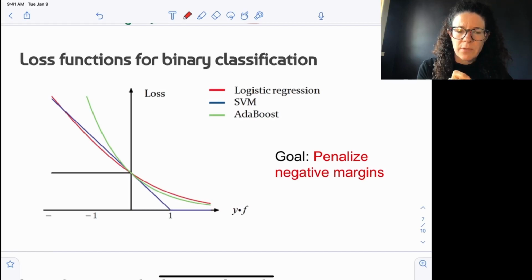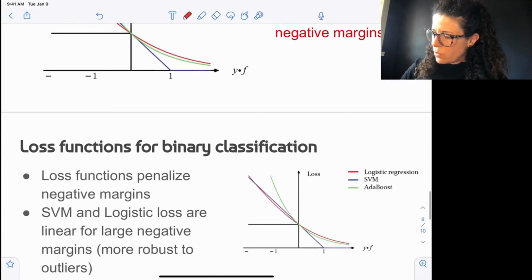Again, on the x-axis we have the margin, on the y-axis we have the loss, and the objective of these loss functions is to penalize the negative margins.